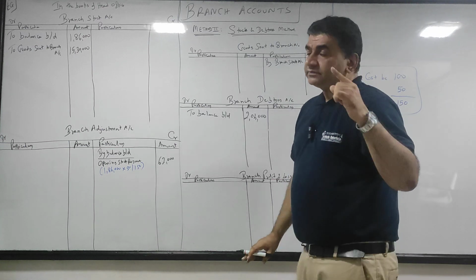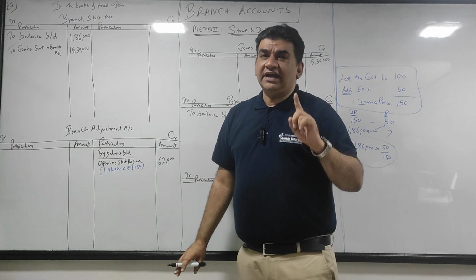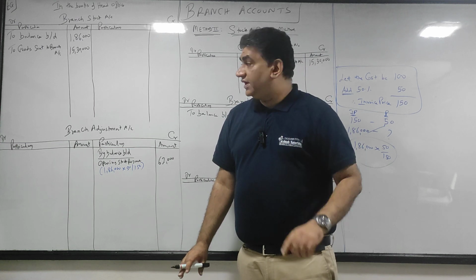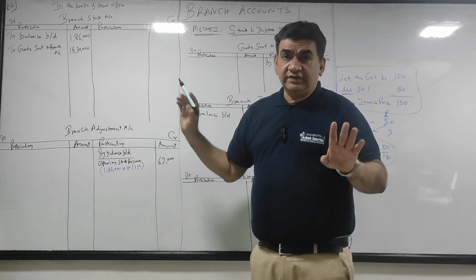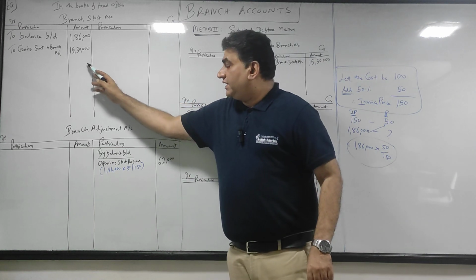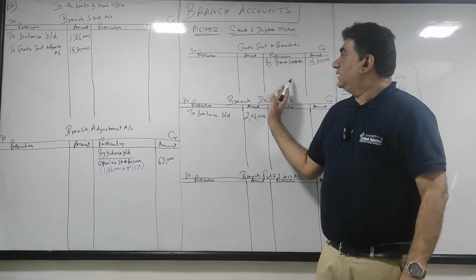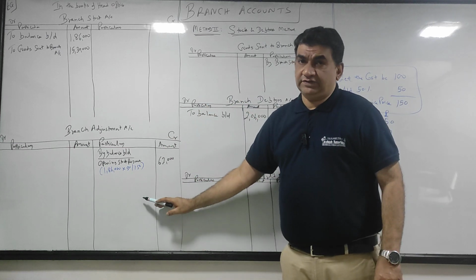Now listen, goods are sent at invoice price. Profit निकालना पड़ेगा. कैसे निकालोगे? There are two ways. If you don't prepare this, straight away remove the profit here, or यहां से यहां पे transfer करो.